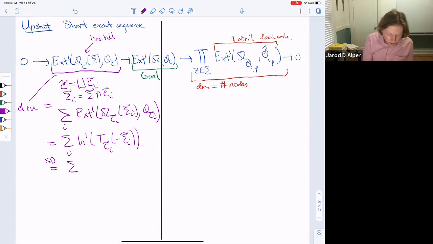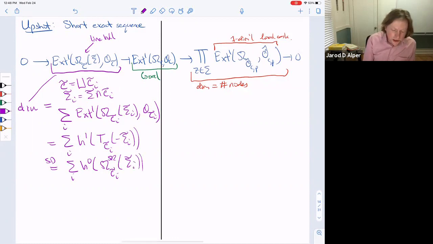But if I use Serre duality on this H1, then this is H0 of omega C tilde I tensor 2 shifted by sigma tilde I. I could have just applied Serre duality to the X1 if I wanted. But now I can apply Riemann-Roch to this. Because this thing has positive degree, there's no H1.